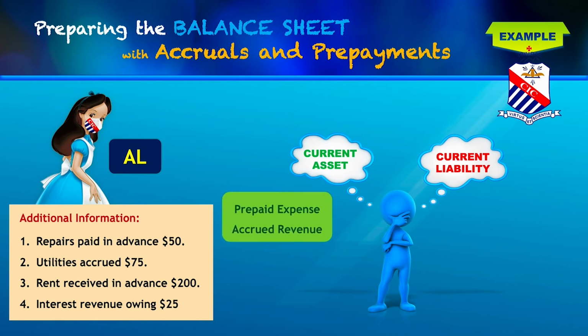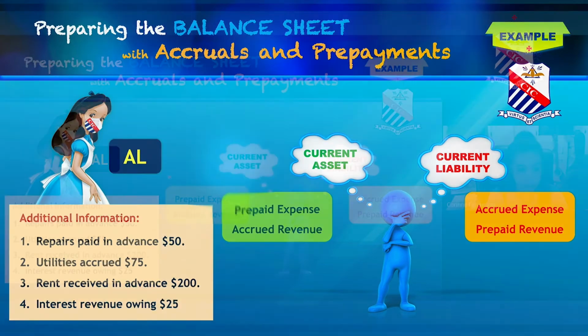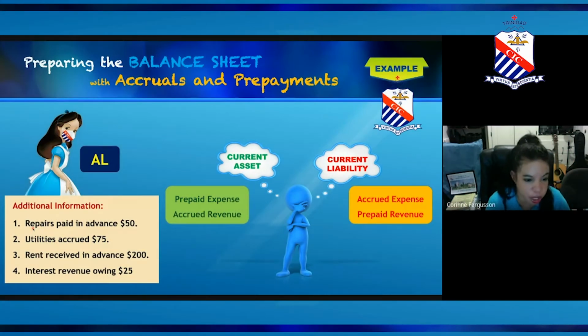What you should remember is that once identified as a prepaid expense or an accrued revenue, that goes under current assets. And once identified as an accrued expense or a prepaid revenue, also known as unearned revenue, that goes under current liabilities. So very quickly, we could go really quick here.